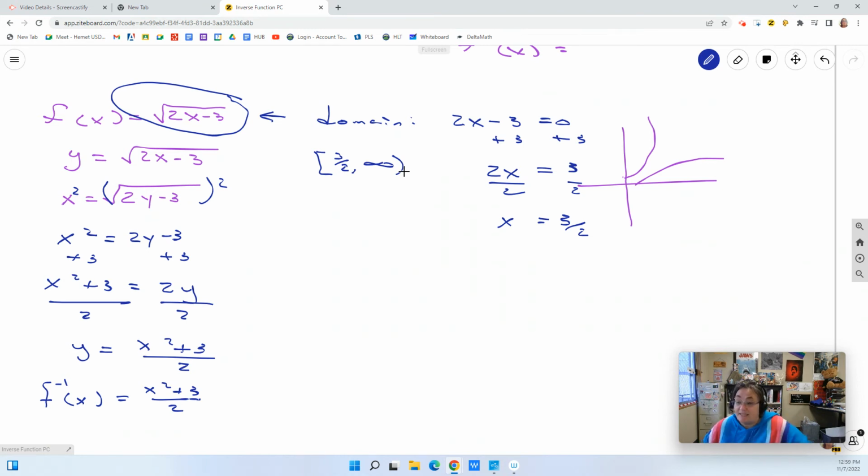So that means that the inverse, the range, would be 3 halves to infinity, right? Because we'd just be switching what our x and our y can be. So when we look at the domain of our original function, that's the same thing. This would be the range of our inverse function, right?